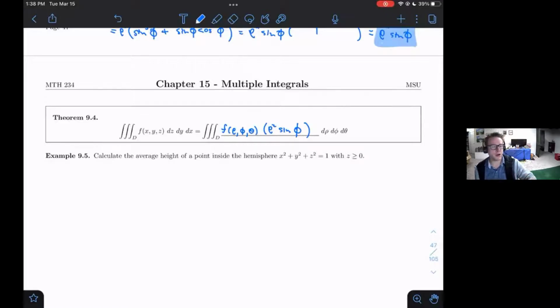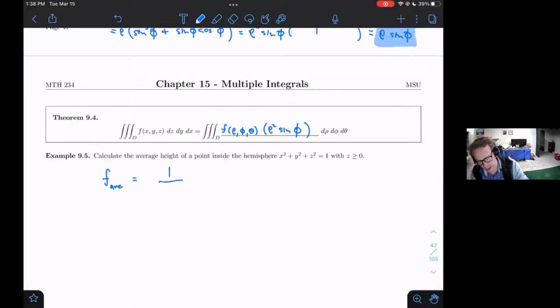With that, why don't we go ahead and do an example problem, calculate out the average height of a point inside of the hemisphere with z greater than or equal to 0. So if I'm interested in the average height, remember, if we want the average of some function, and we're at a point inside of the hemisphere, that means this is a three-dimensional structure.